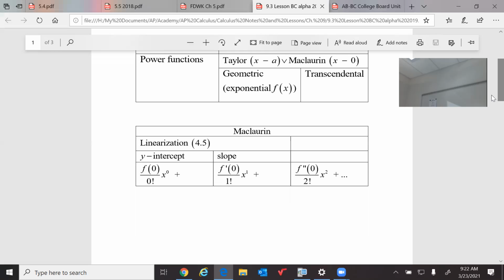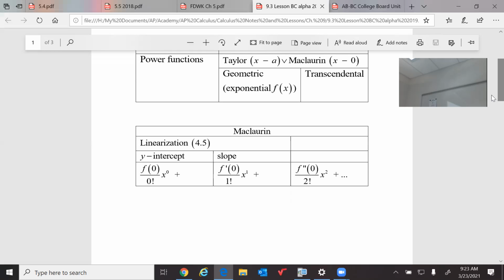So a Maclaurin series of order 1 would be the linearization. And then what are you doing with it? You're going past order 1 to the second derivative and the third derivative and the fourth derivative.